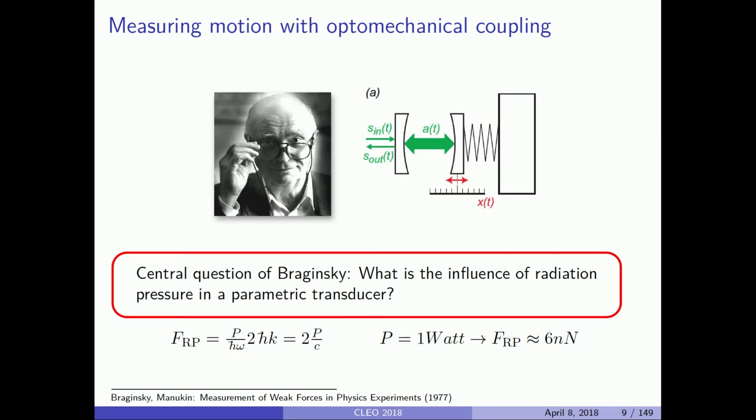Braginsky's central question was, what's the influence of radiation pressure? Yes? I'm referring to the meaning of radiation pressure, not just the radiation. What's the difference between radiation and radiation pressure?